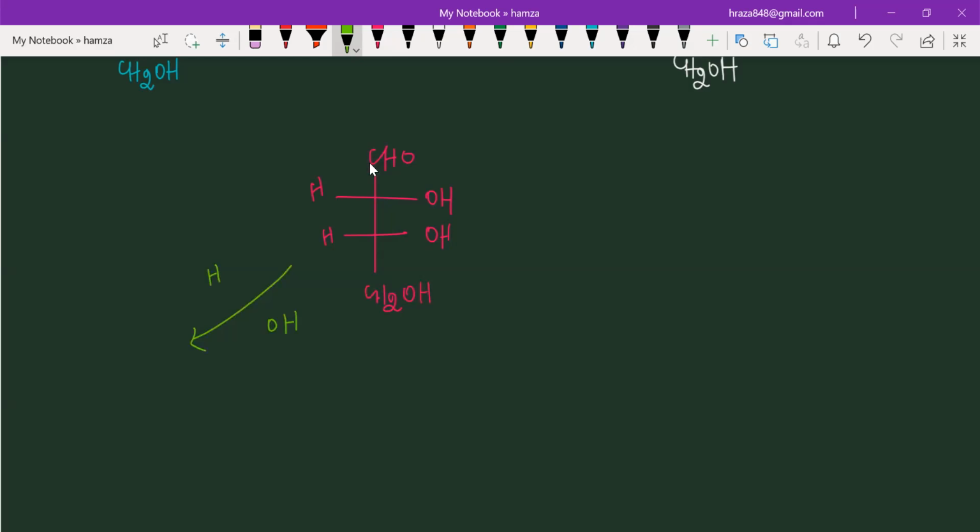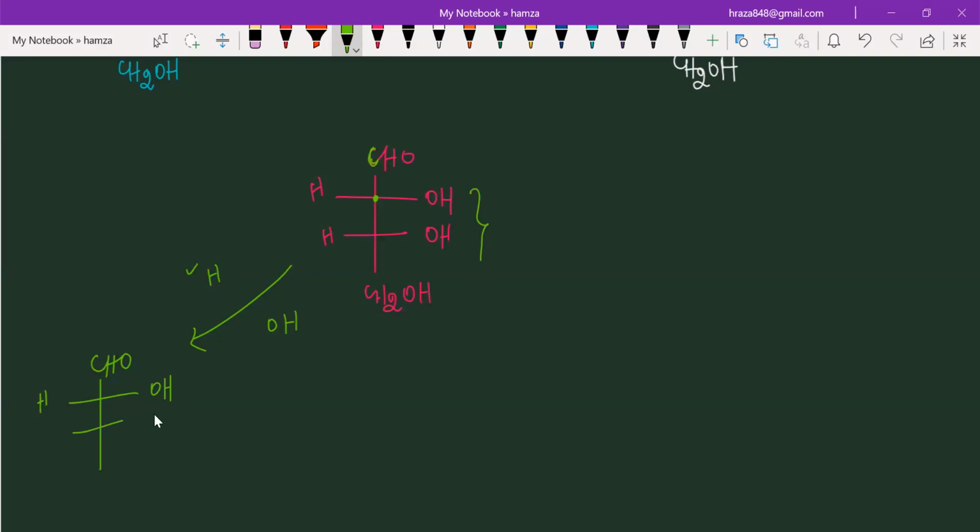So what will we get? See, this is the carbon of aldehyde. This is another carbon. You have to introduce one carbon in between these two carbons. So we will get CHO, and then this H on the left hand side, this OH on the right hand side, and the rest of the part is the same.